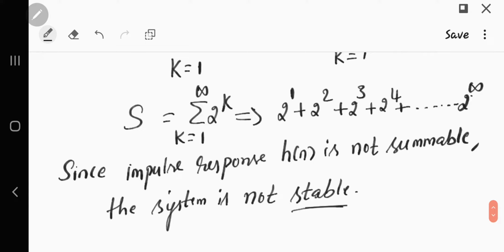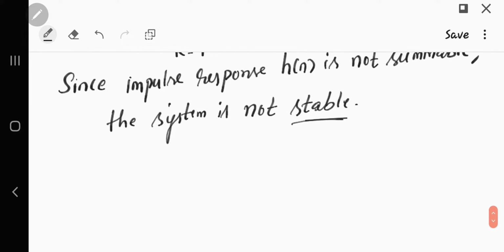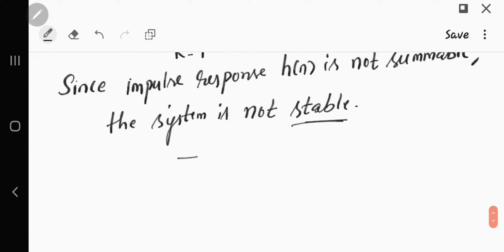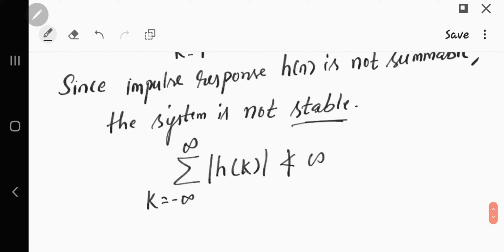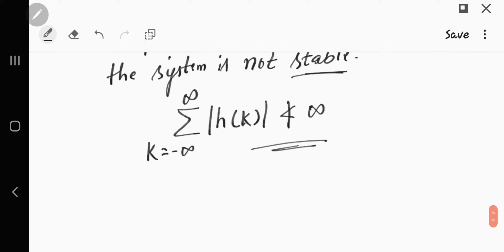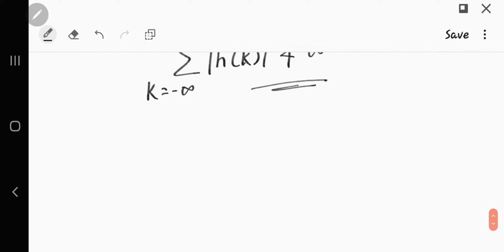So this is how we conclude with the justification. So h of n is not summable, therefore the system is not stable. Or you can express this mathematically, that summation k varying from minus infinity to plus infinity, h of k is not satisfying this condition, therefore it is not stable. Okay, so this is the stability property.